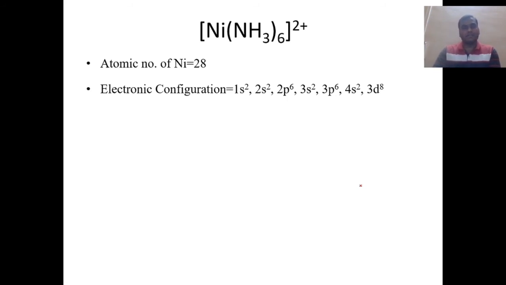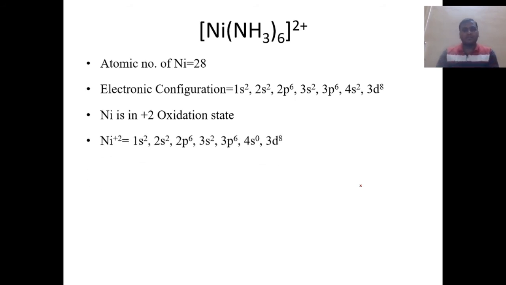Now we know the oxidation state of nickel in this complex is plus 2 because ammonia donates the lone pair of electrons but ammonia has no charge, that is, it is neutral. So whatever the charge on the complex, that is the oxidation state of the central metal ion. So nickel is in plus 2 oxidation state.